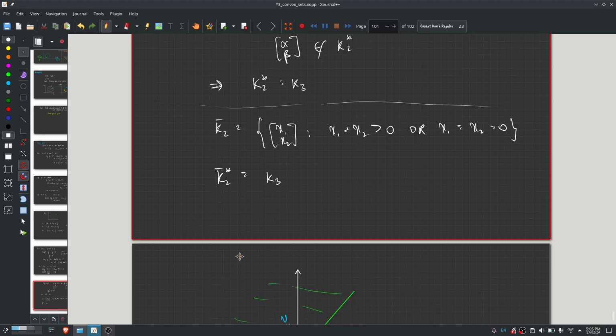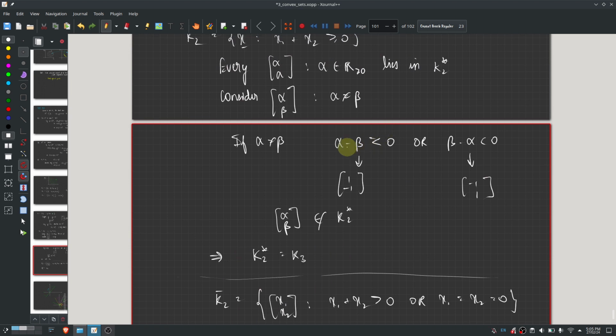And why is that the case? Well, again, it's the same argument. If alpha is not equal to beta, then either alpha minus beta is less than 0 or beta minus alpha is less than 0. Okay. Now I can't choose (1, minus 1) or (minus 1, 1). But I can always perturb this by a little bit and still guarantee that the sum is strictly greater than 0, and at the same time this is satisfied. So if alpha minus beta is less than 0, then let's say alpha minus beta equals some minus epsilon.